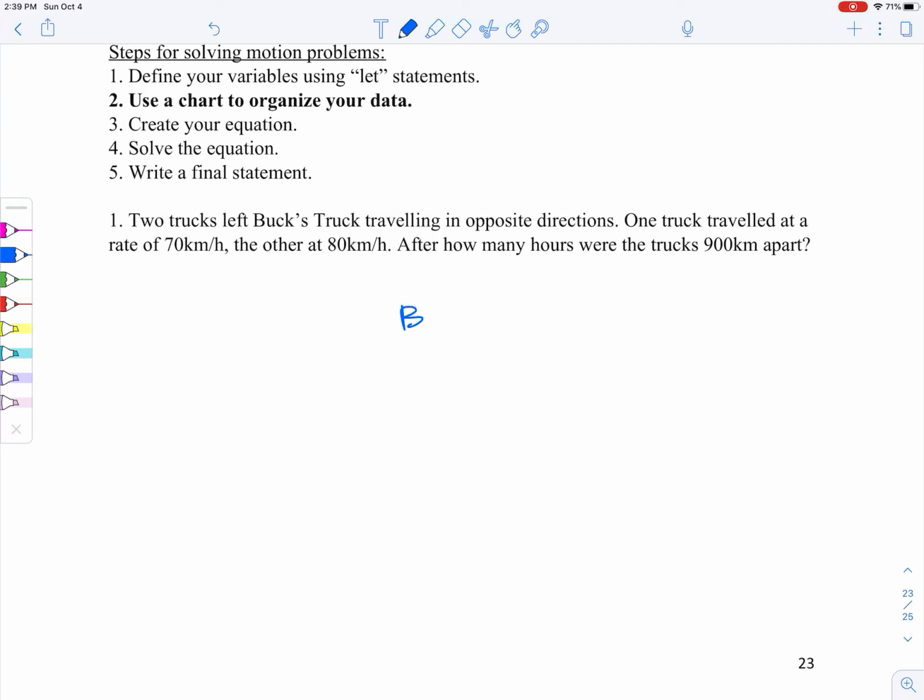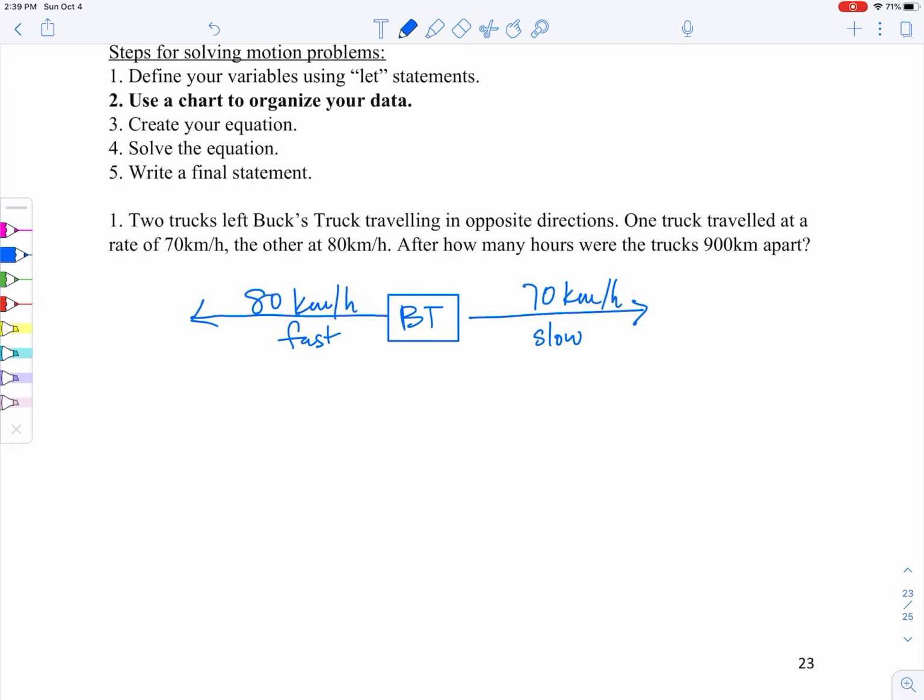So we've got Buck's truck, it's here in the middle. And we're going to have one truck that travels at 70 kilometers per hour. That's our slow truck. How do I know it's slow? Because the other one's going faster. This one is going 80 kilometers per hour, so that's going to be our fast one.